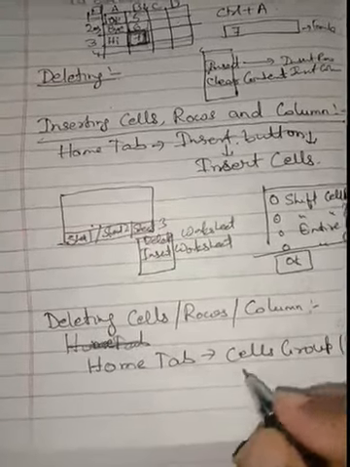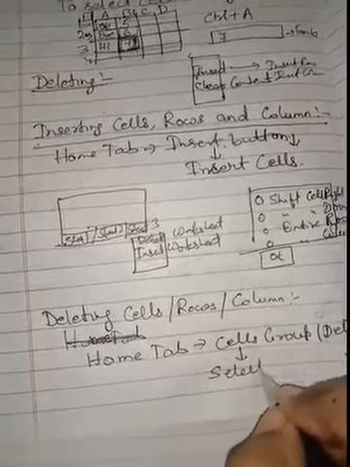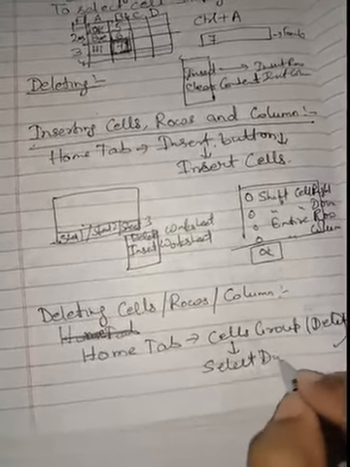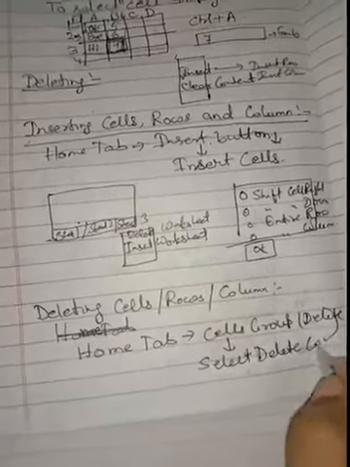There we have the delete option. As soon as we click on the delete option, we have to select delete cells, and on delete cells a delete dialog box will appear.